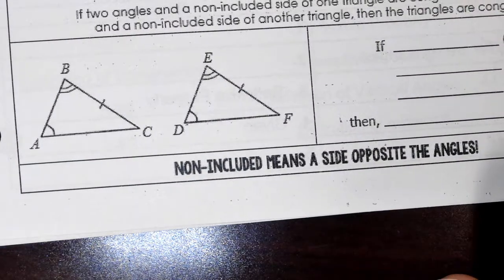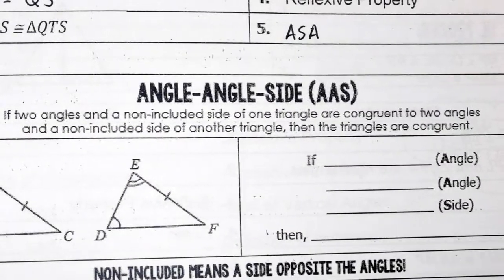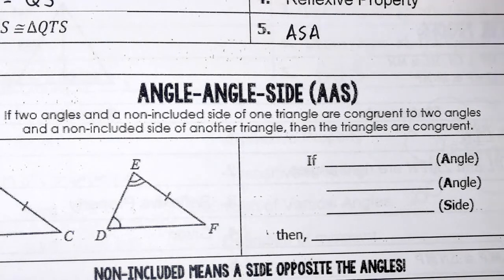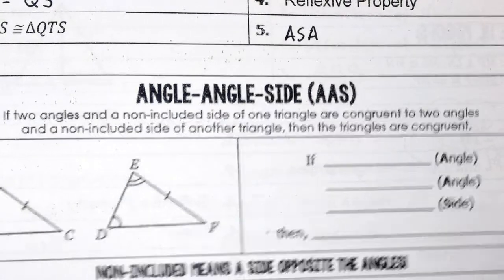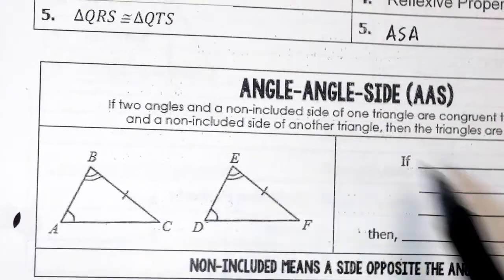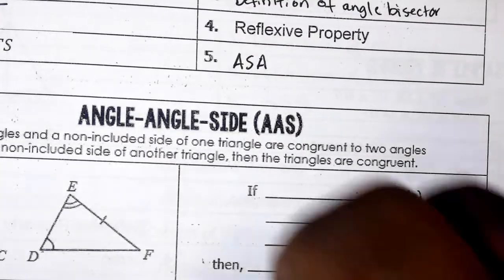Next one, angle angle side. It says two angles and the non-included side of one triangle are congruent to two angles and the non-included side of another triangle, then the triangles are congruent. Yeah, angle angle side. While we're doing this, taking this information off the triangles, writing it over here like I've been doing.